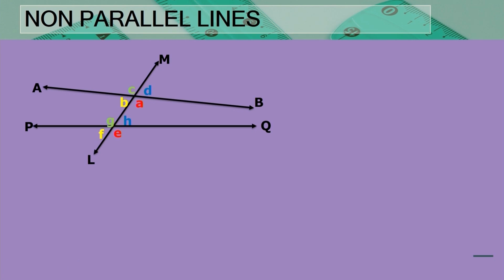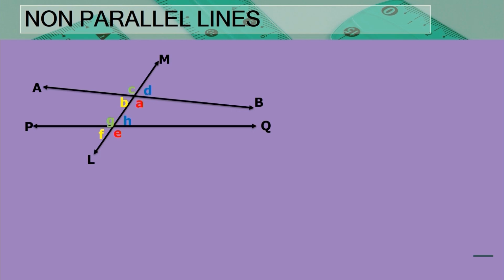So let's look at the following diagram where we will see if we can identify those pairs of angles. So those are the corresponding angles, the alternate angles, and the co-interior or co-exterior angles.